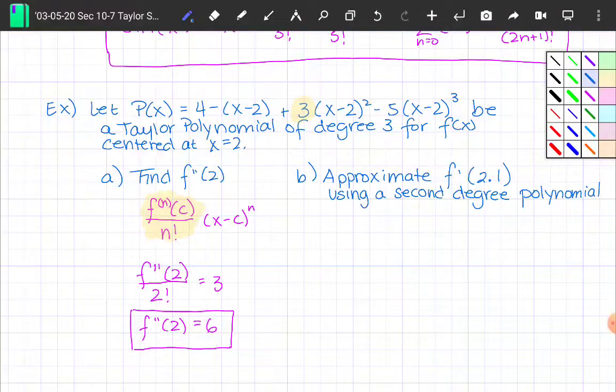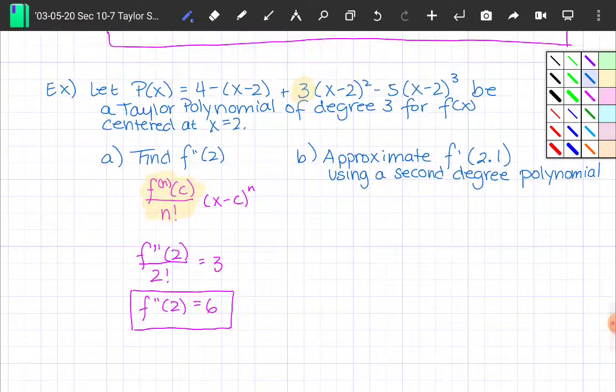What are we going to do there? Well, so I know the given part. I know that the function is approximately equal to, because remember the polynomial is just an approximation, that polynomial above.